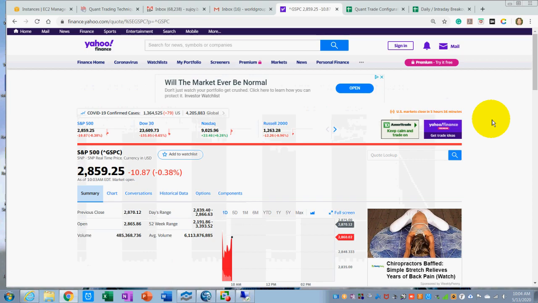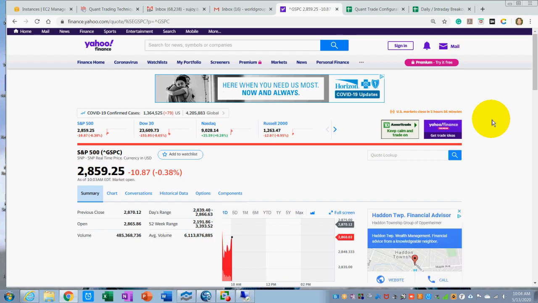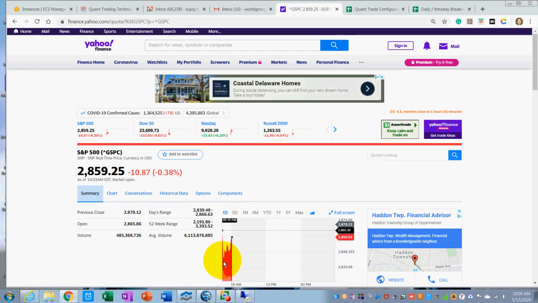It seems like it's around 10 o'clock. The market is taking a reversal. It was pretty bearish in the early morning hours, but now it has taken a reversal to minus 0.38%. Having said that, it seems like there will be potential to trade, because the stock did go down over 0.5%.